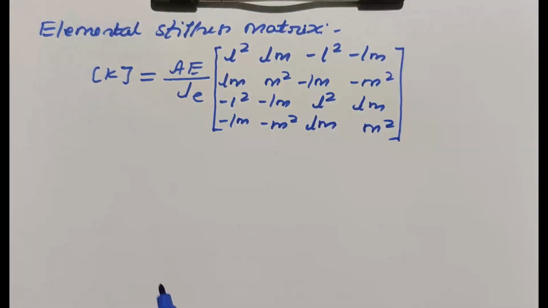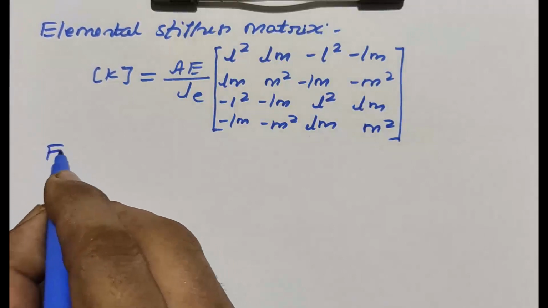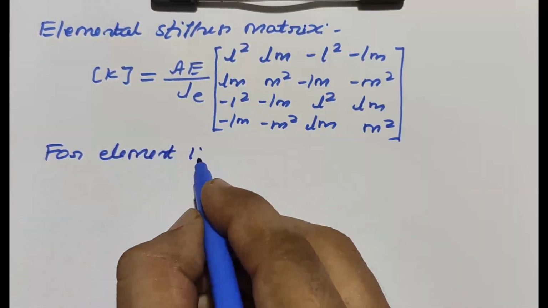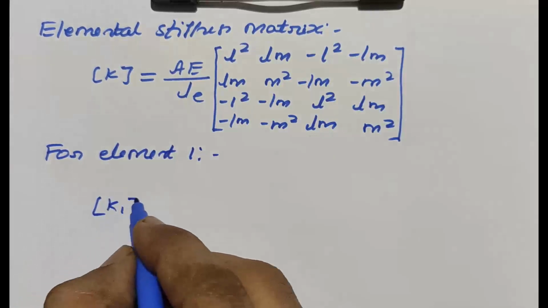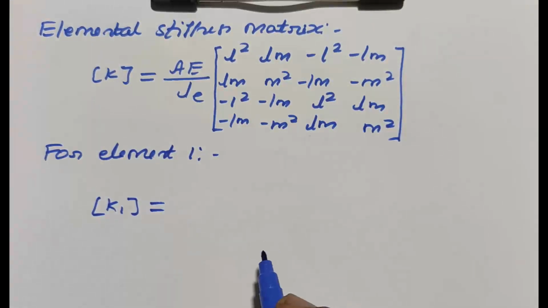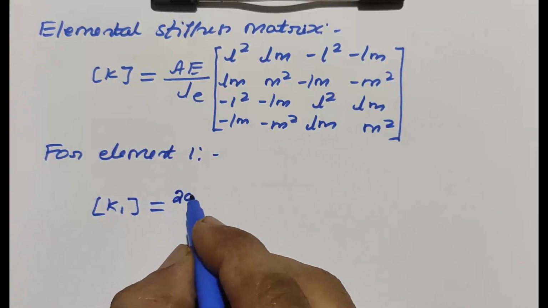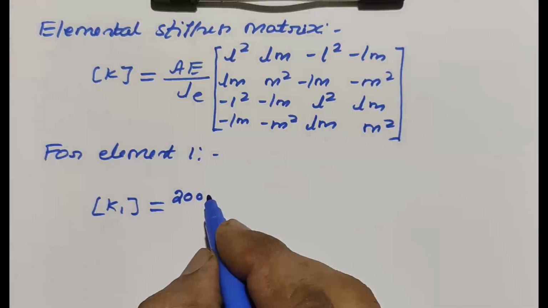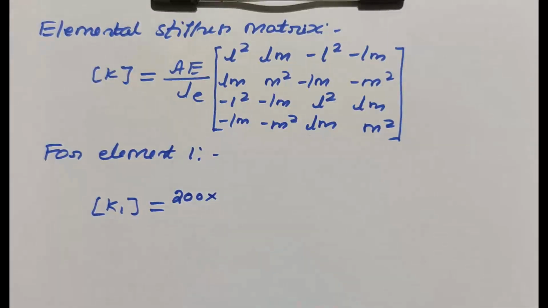Now for element 1, K1 is equal to area, it is 200. Here you have to be very careful about the units. The model is in mm, that's why you have to take all the units in mm only. So area is in mm square, 200 mm square. So Young's modulus also should be in Newton per mm square.